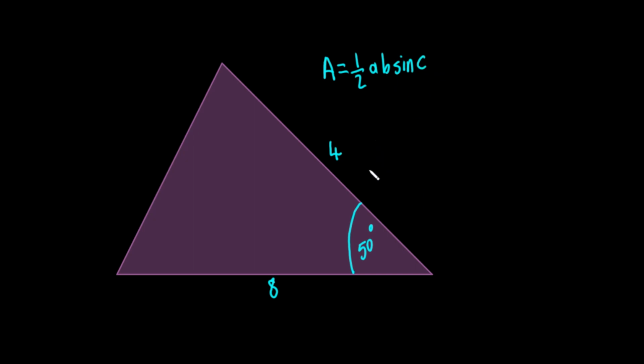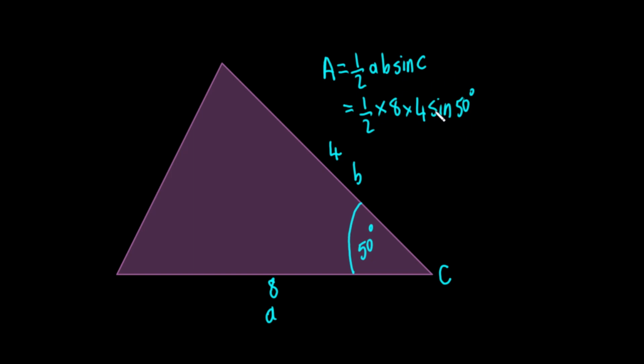So we could call this here the angle C, and we could call this length here a, and we could call this length here b. So we're going to have the area is going to be a half of a, which is 8, times b, which is 4, times the sine of angle C, which is 50 degrees.